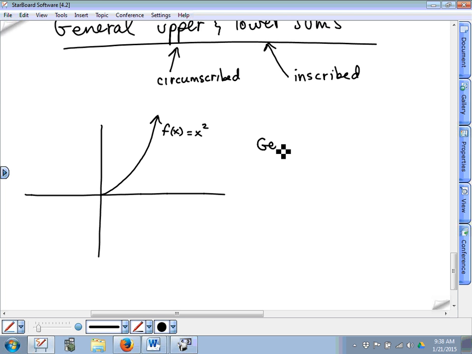We're going to do the general lower sum first.